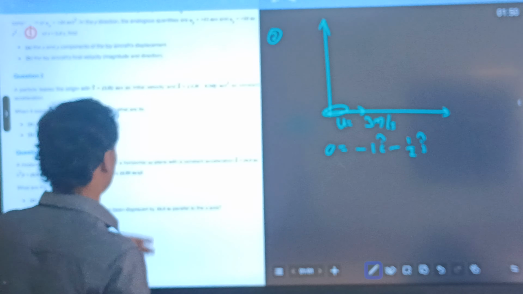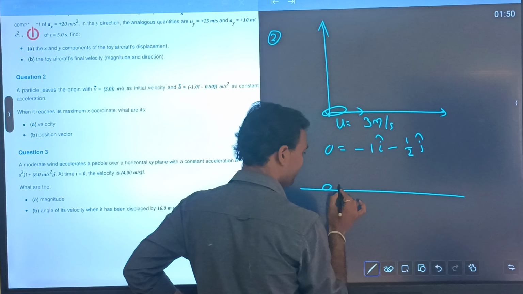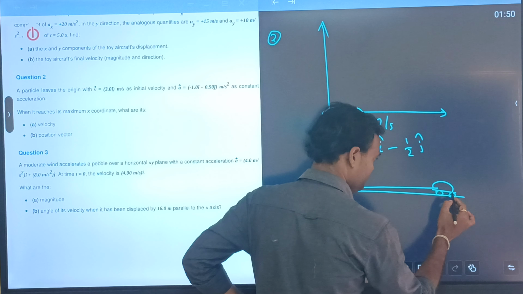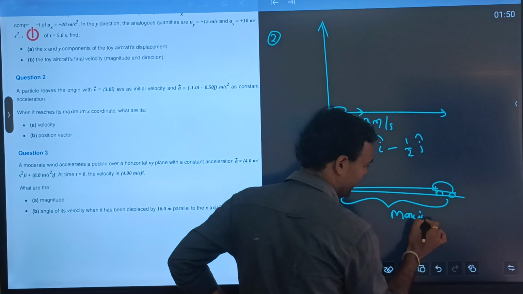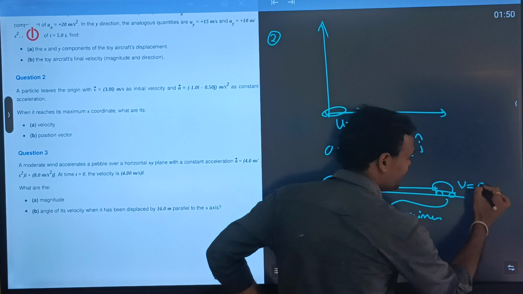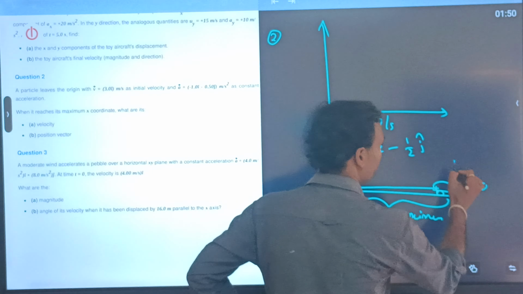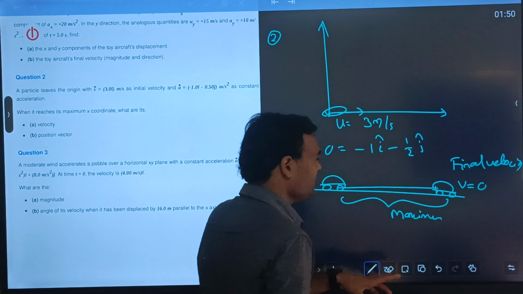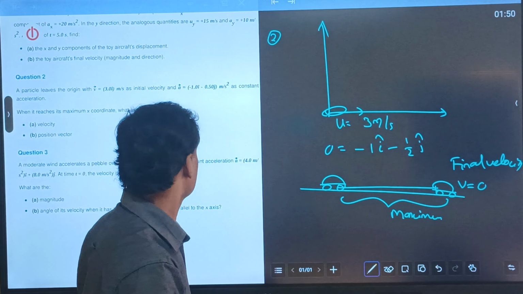When it reaches the maximum x coordinate, see here, when an object reaches this point and comes here, this distance is maximum when it attains a final velocity of 0. If the final velocity becomes 0, then the particle reaches maximum displacement, right?